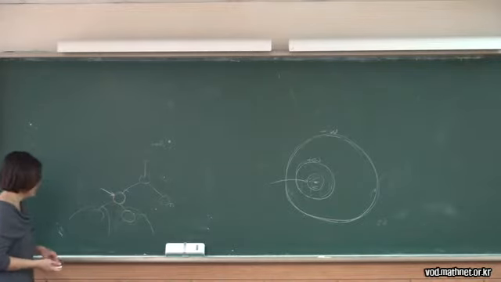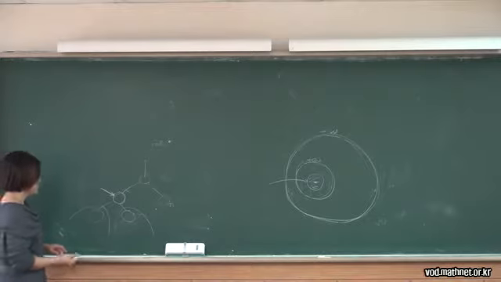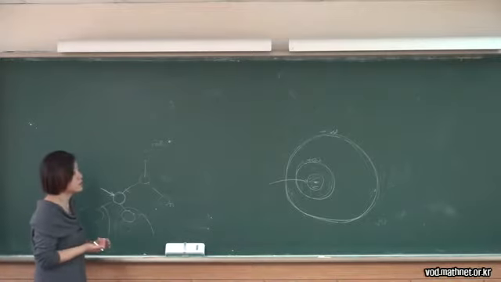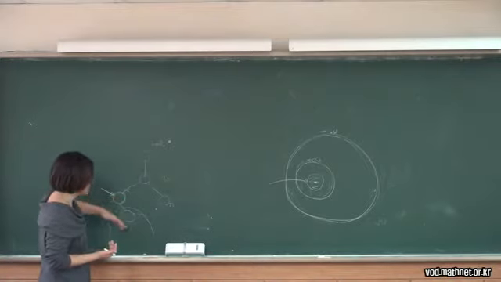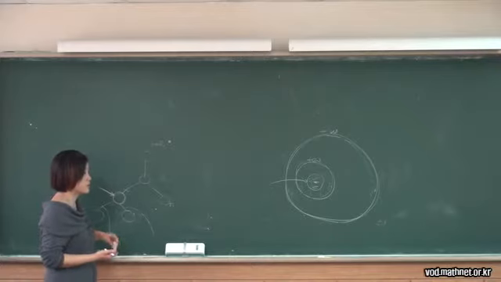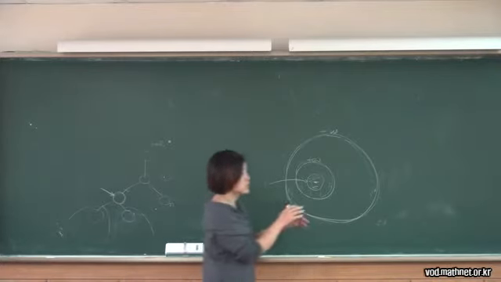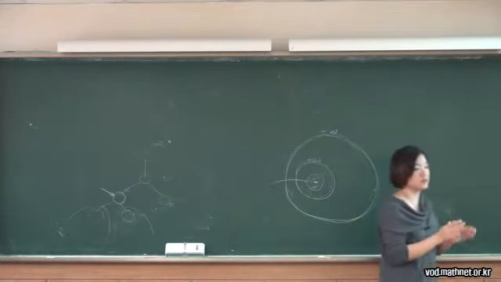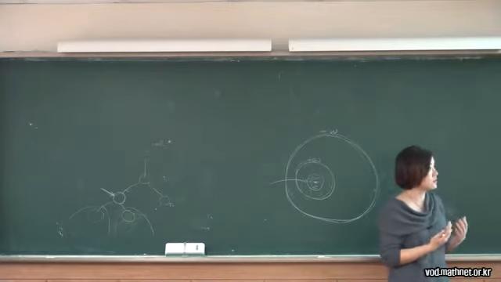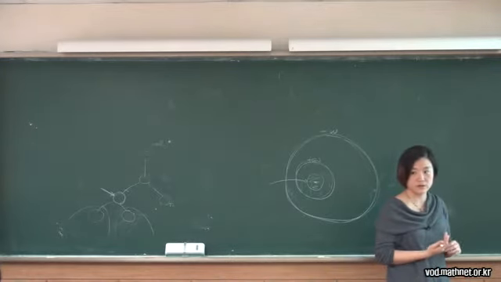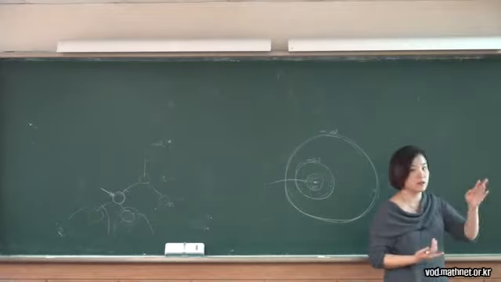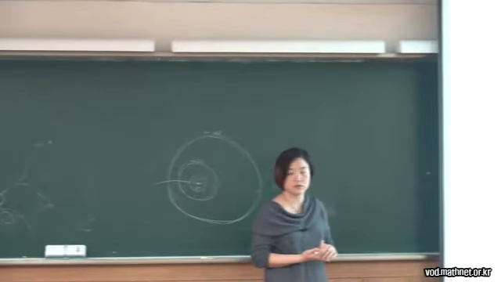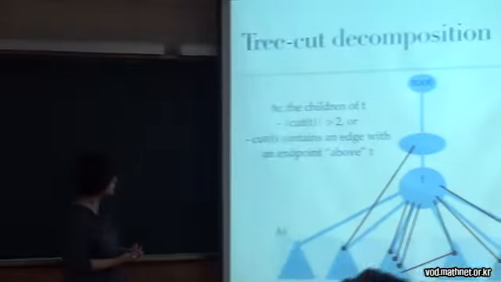Right? And before you do this, it's better to make the tree decomposition neat, to present it in a neat way. That's the first thing you need to do, and later you will see that this is actually quite crucial to design a dynamic programming algorithm.